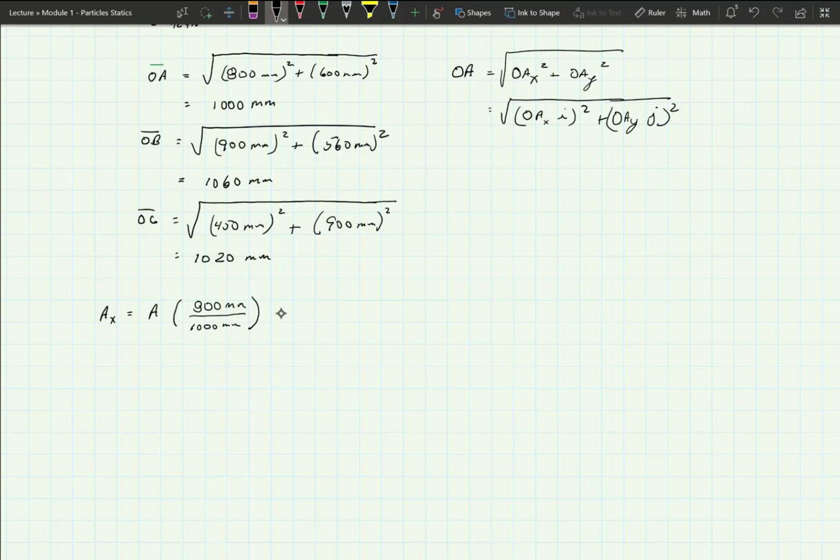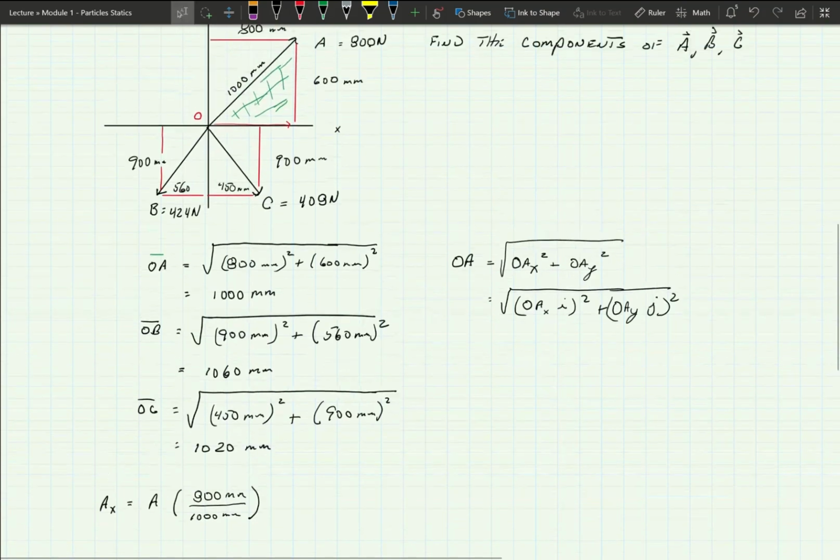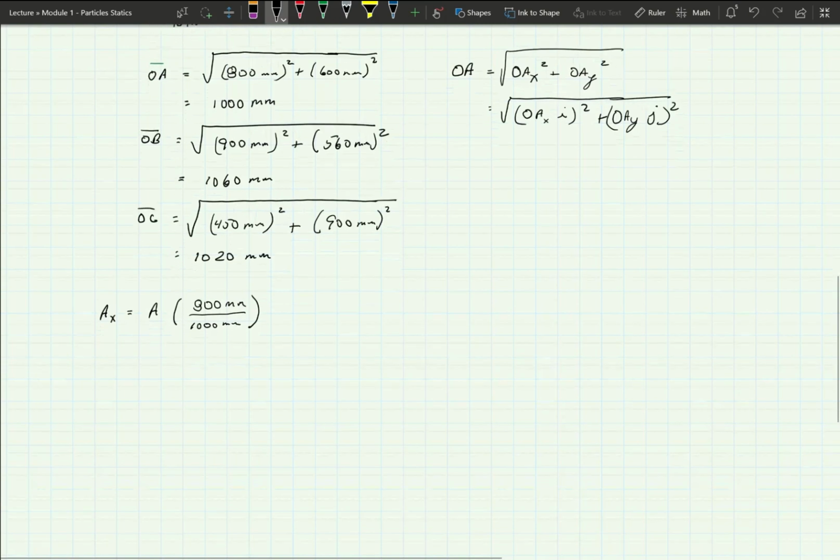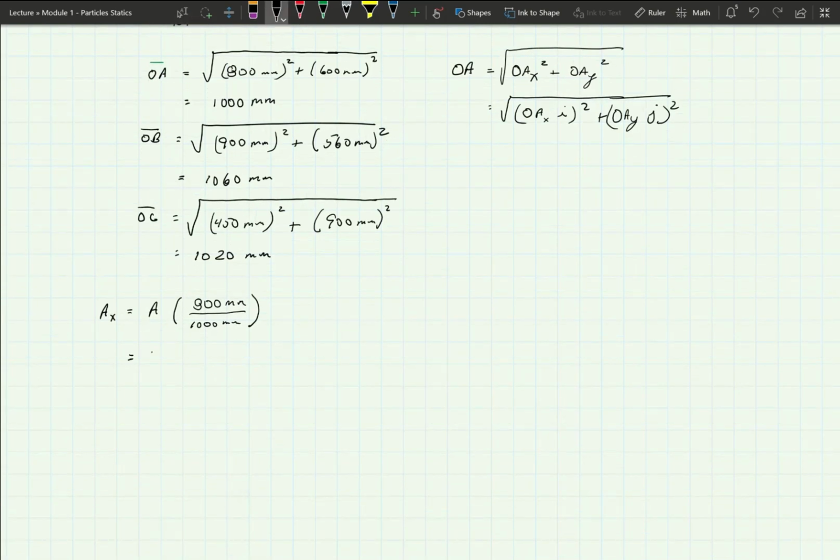Okay, and we get an answer for that. But before I go down there, where did I get that from? 800's up here, so that's my x direction on the x-axis. And I have the hypotenuse of vector A is 1,000. Okay, so let's plug some numbers in. We know we're 800 newtons, and we're 800 millimeters over 1,000 millimeters. Okay, and the millimeters cancel out, leaves us with newtons, and we're going to wind up with 640.